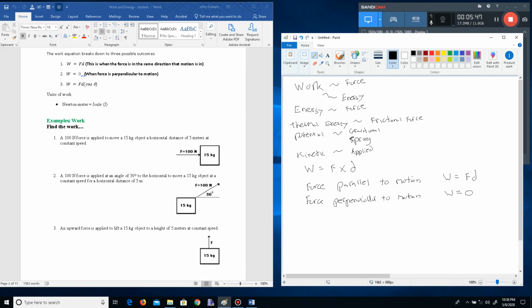So we have to look at the part that is going to do work, and that's where we take the cosine of the angle. And so when force and motion are at an angle, the work equals force times distance times cosine of theta. Okay, so let's try these examples.